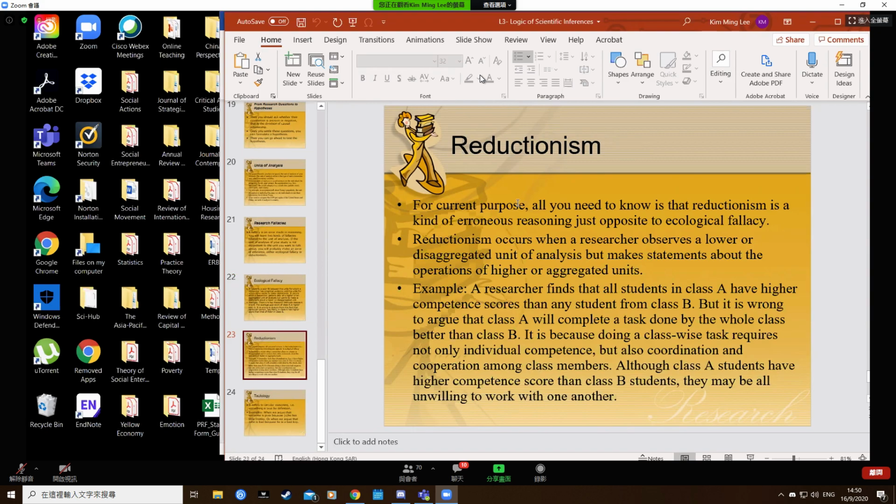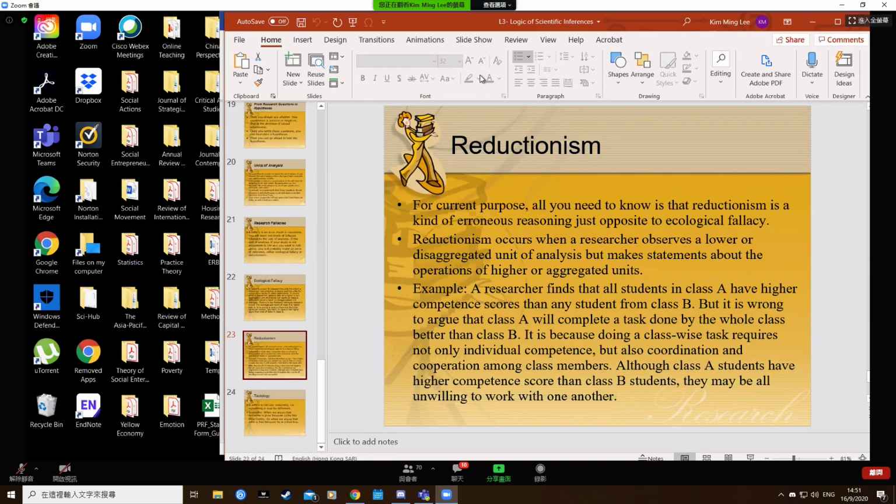Reductionism is the other way around. We base upon individual, lower level of unit of analysis and make claims about the higher level. So this is the opposite of ecological fallacy.